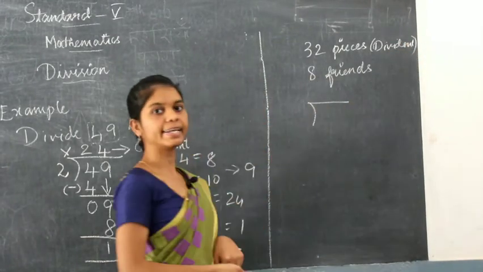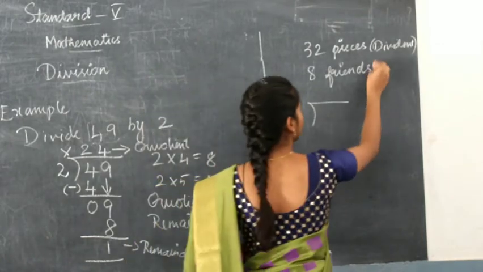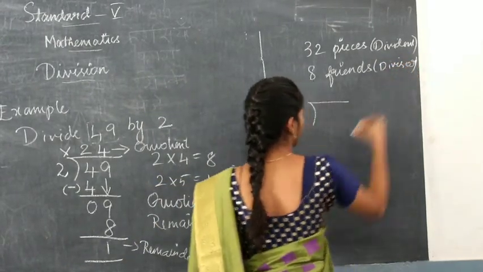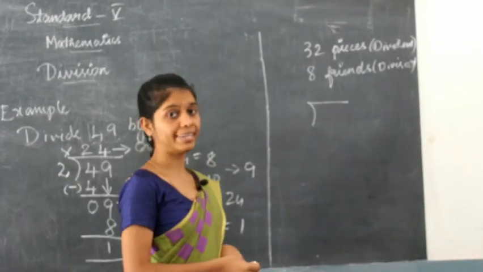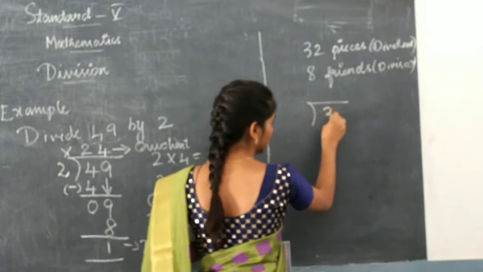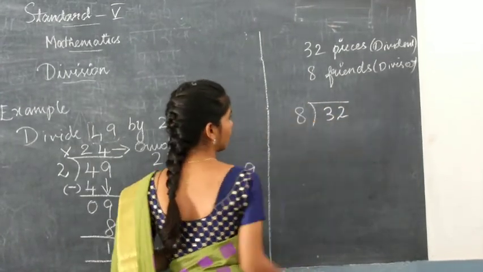And you are dividing it among 8 friends. So that 8 friends will be your divisor. So where should you write the dividend 32? Inside the curve, which is here. So 32 you will write here and 8 you will write on the outside.